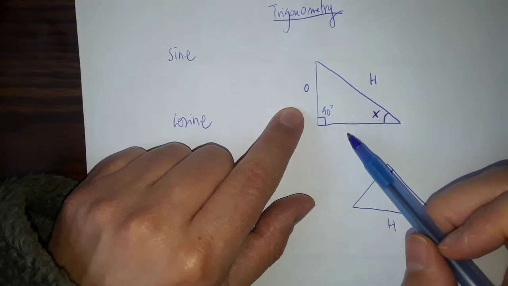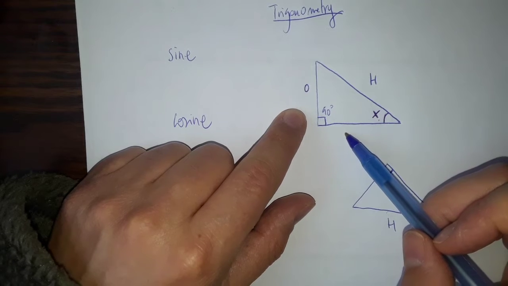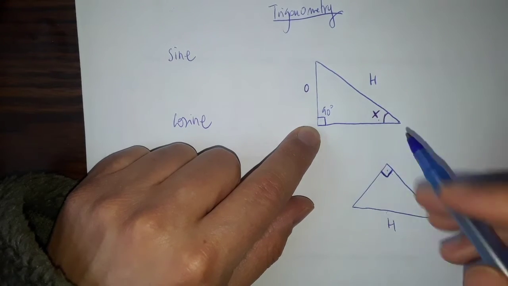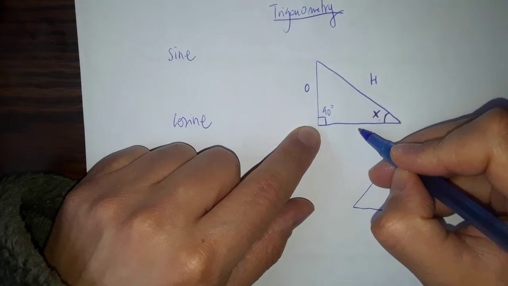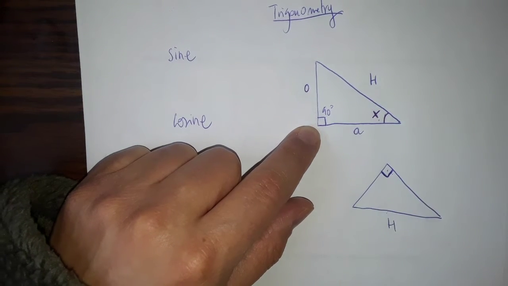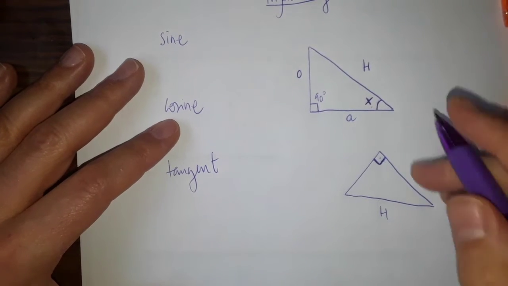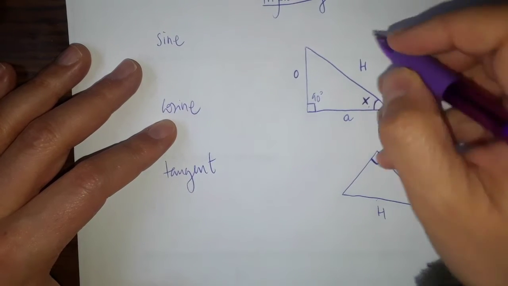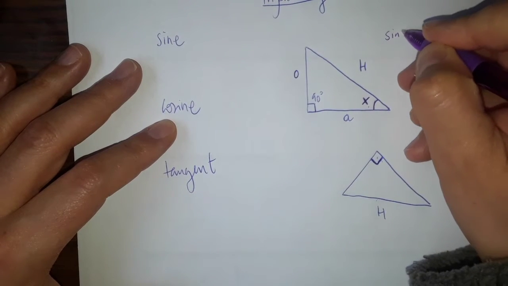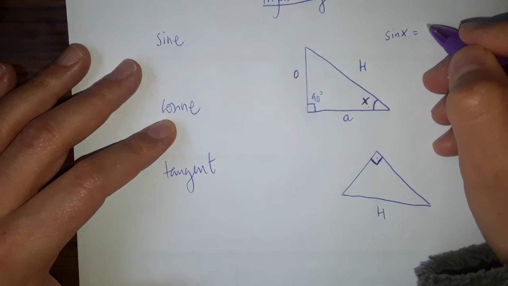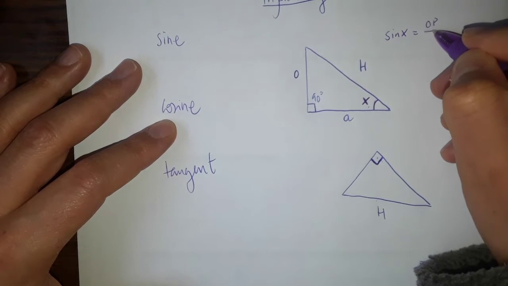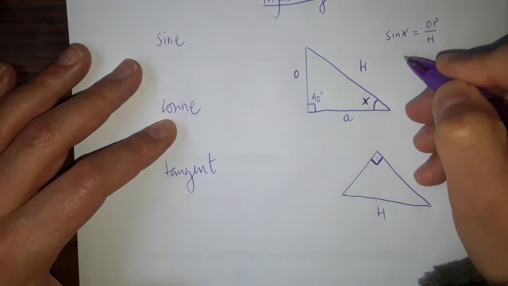And the adjacent would be the one touching the angle. So this would be the adjacent. Now, if we want to define the sine, the sine of X is always opposite over hypotenuse, always.